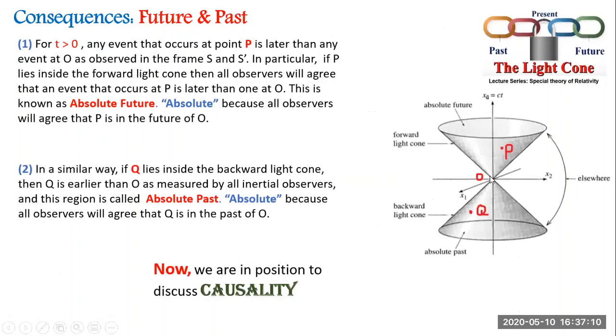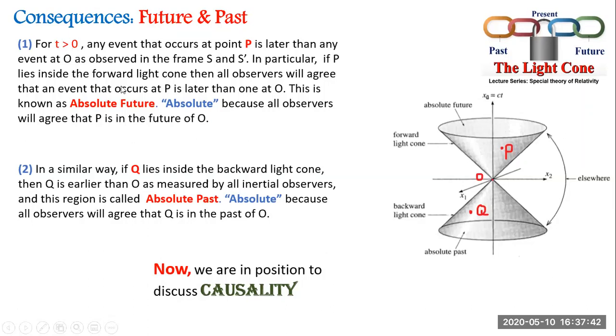Here we have a light cone in the figure which has 3 main points: origin O, point P which lies inside the forward light cone, and point Q which lies inside the backward light cone. For t greater than 0, for the values of time which are greater than 0, any event that occurs at point P is later than any event at O as observed from any frame, S frame or S prime frame.